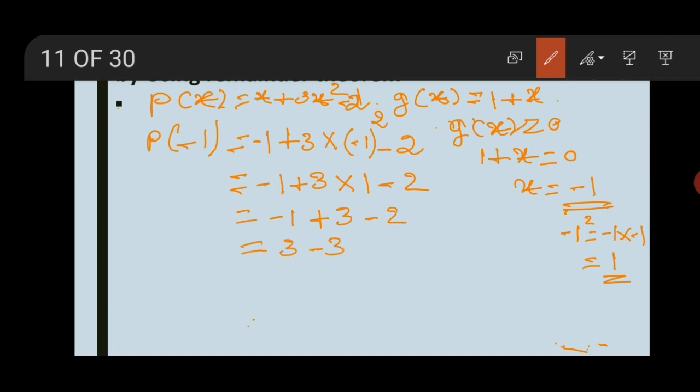Minus 1 minus 2 becomes minus 3. Now, what's your answer? Plus 3 minus 3 gets cancelled. Answer is 0. So, the remainder is 0. Right, now we verified already. We verified 0 is the remainder in the previous problem.